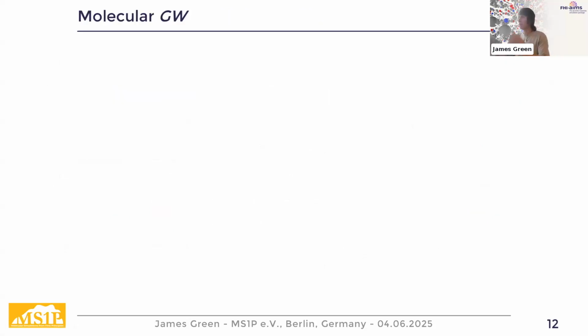So first, molecular or non-periodic GW. I won't go into very much detail at all about this since it's going to be covered in much greater detail by Dorothea, as her group is one of the main developers of the GW method in FHI-aims. Just to say, the central idea behind GW is computation of this self-energy sigma, which accounts for the exchange and correlation energy of an electron or hole with surrounding electrons in a multi-electron system.